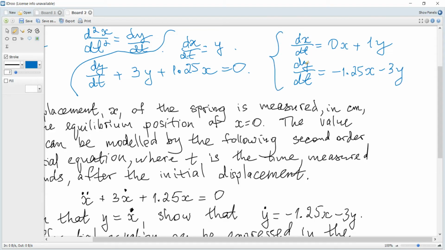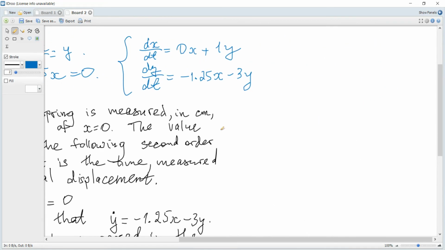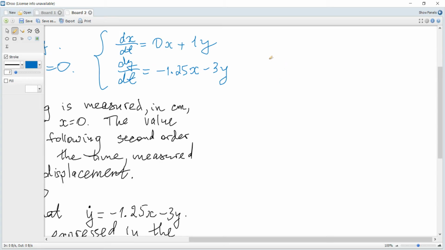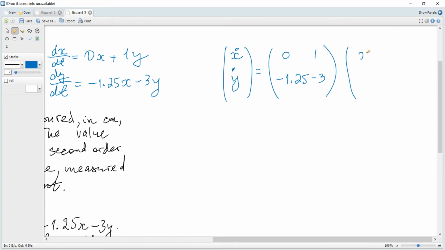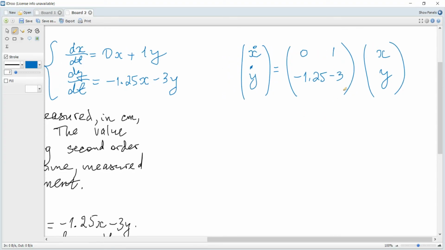So you can see the derivatives with time of x, y are equal to something x plus something y. And in matrix form it becomes dx over dt, dy over dt equals the matrix with 0, 1, negative 1.25, negative 3, times x, y. If you multiply these, you can see that it becomes like this, and you should be able to rewrite an expression in matrix form as simultaneous equations.